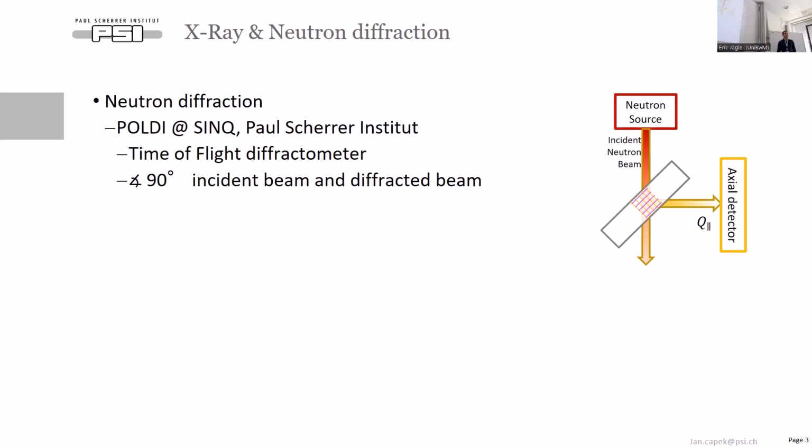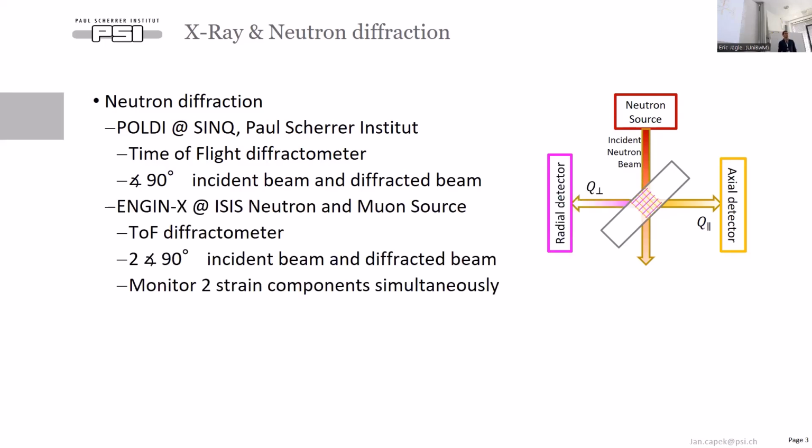This is okay for the characterization, but for the in-situ experiments, we had to go to the ENGIN-X beamline because they have two detector banks that can collect the data simultaneously. And later on, you will find out why this is the key parameter for our study.